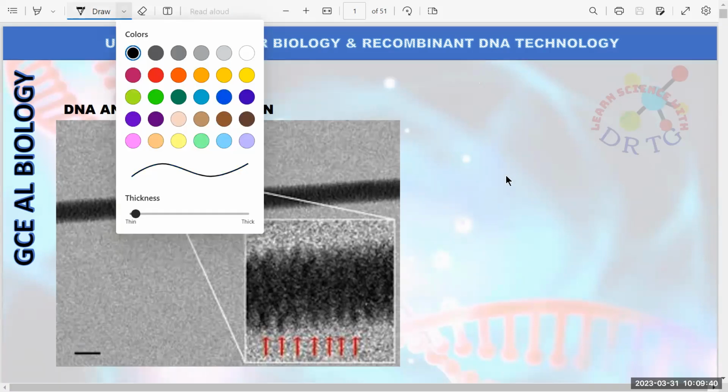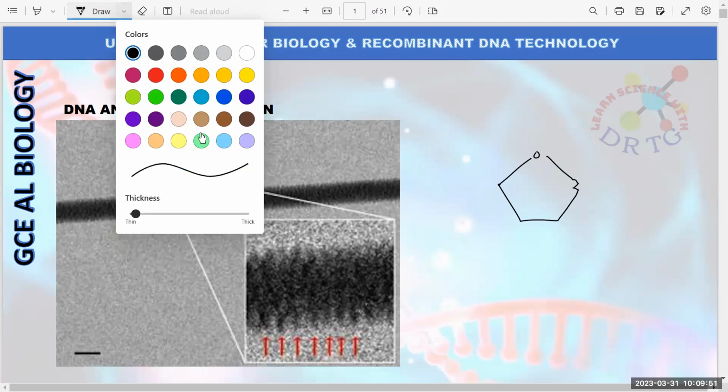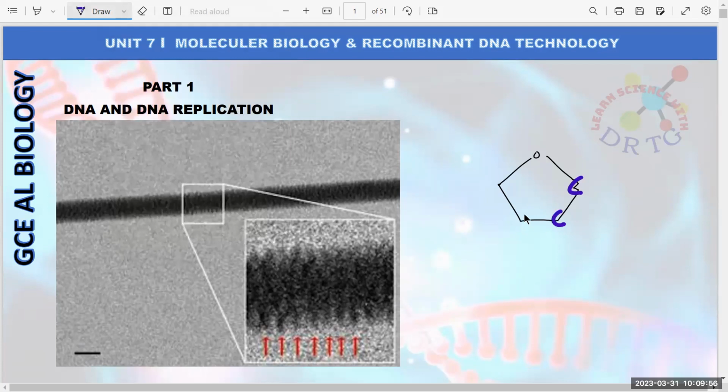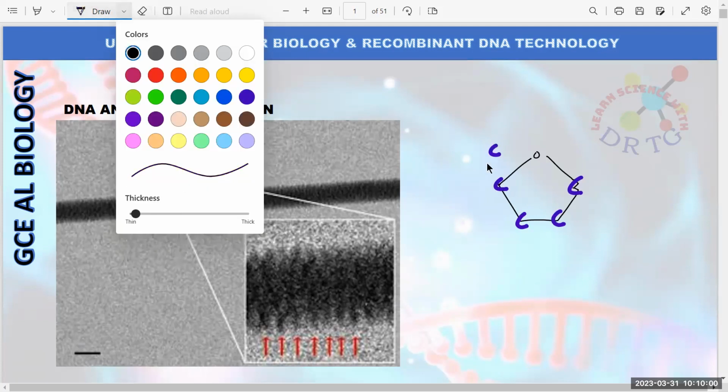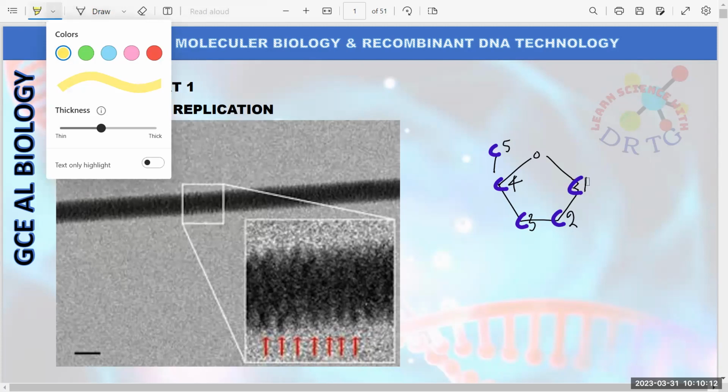So in short, what I can show you, there is a deoxyribose, a 5 carbon sugar, so it has carbon at these points, and carbon number 1, carbon number 2, carbon number 3, carbon number 4, carbon number 5. So carbon number 1 is important for us.